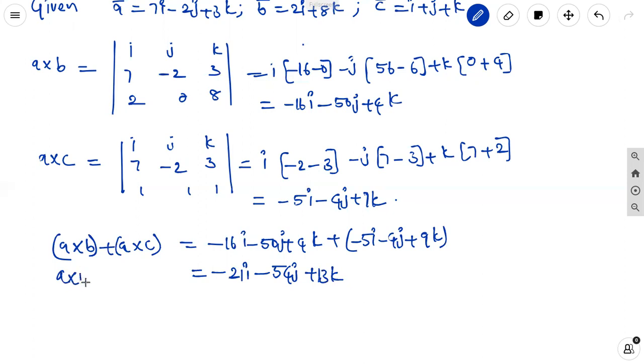It is A cross B plus A cross C. This is the right hand side value.